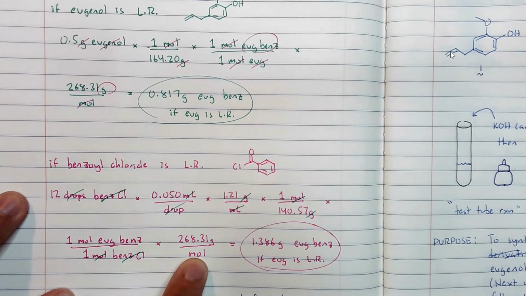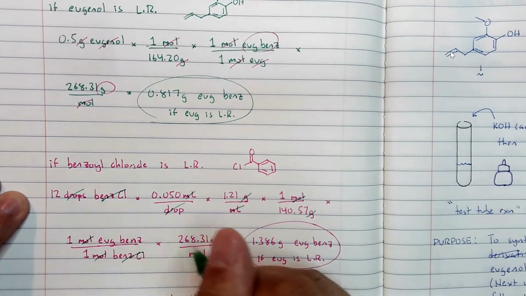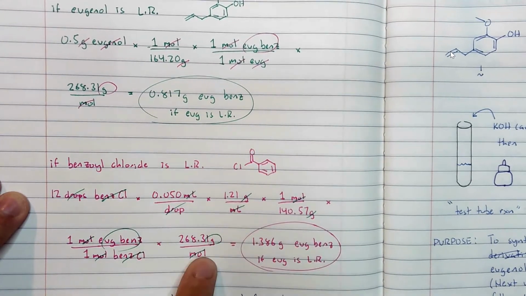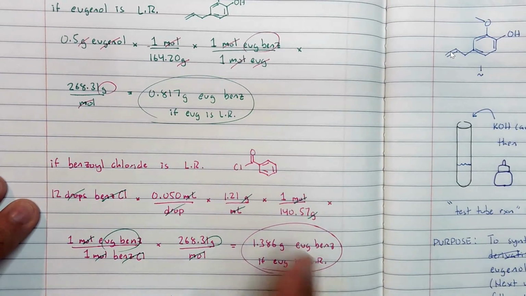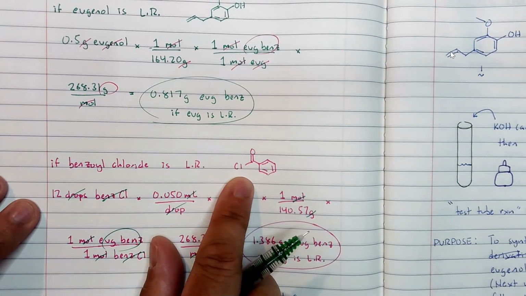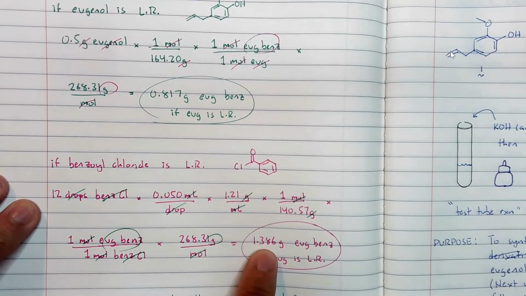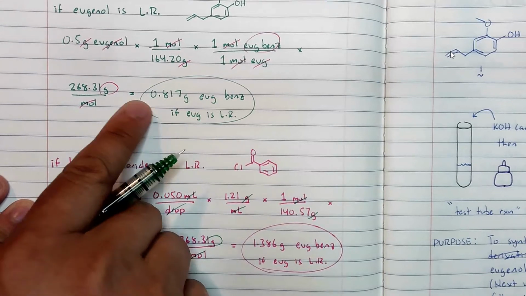Then I multiply it by the molar amount of the product. So mole, mole. So I'm left with, again, grams of eugenol benzoate, and there's my theoretical amount if I use up all of the benzyl chloride. So the thing is, before I even get this much amount of eugenol benzoate, the eugenol is going to run out.